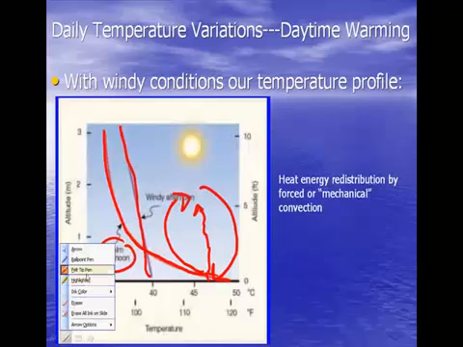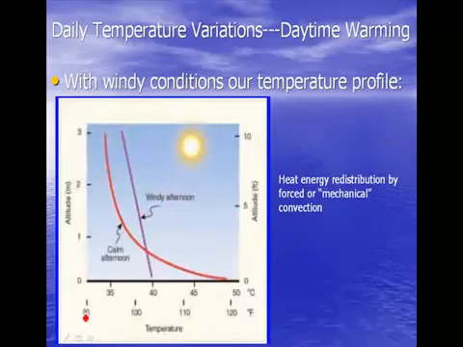Let me clean this up a little bit here. Again, with windy conditions, we redistribute the temperature profile by mechanical convection. In other words, the wind is providing aid to transfer energy throughout the atmosphere. So instead of the temperature being up near 50 degrees Celsius on a windy day, we might see something around 40 degrees Celsius in this particular example.